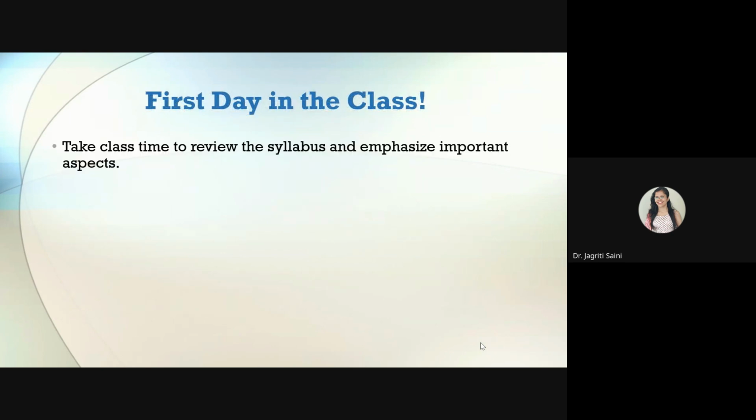After interacting with the students, we need to take some time to review the syllabus and emphasize the important aspects of the subject that you are teaching to them. One biggest mistake that teachers make several times in their classes is that they start teaching a topic directly.